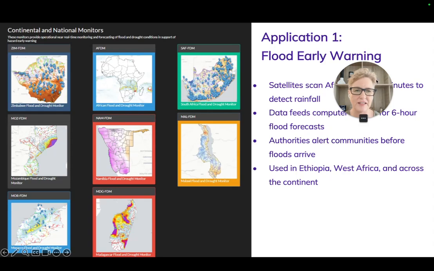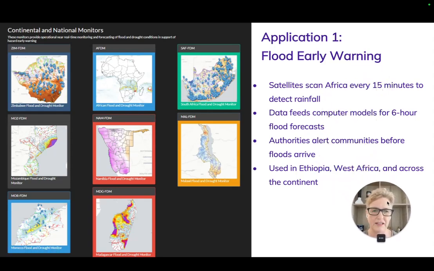Here we can see the first application we're going to look at is early flood warnings. So there are satellites that scan Africa every 15 minutes to detect rainfall. And this data feeds computer models for 6-hour flood forecasts. So we can see here's a number of examples.